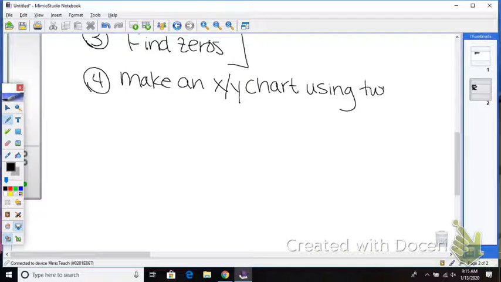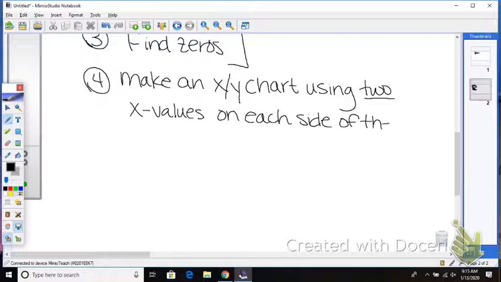Using 2 X values on each side of the vertical asymptotes. Just write that down and then I'll show you what I mean. And then step 5 is going to be to plot those points and sketch, plot and sketch.